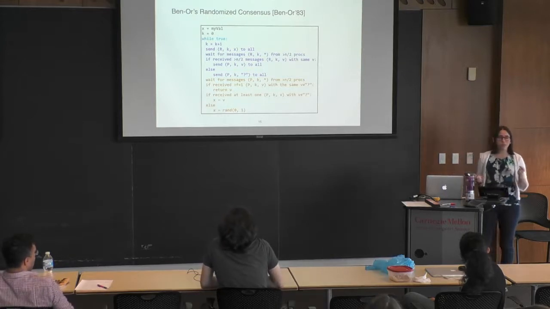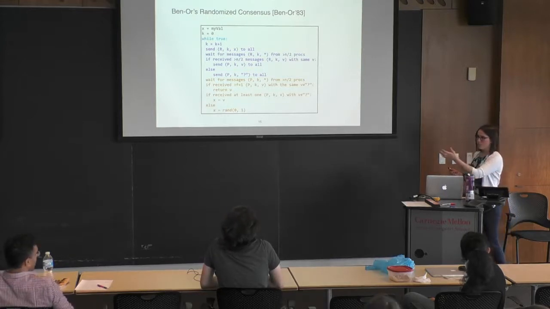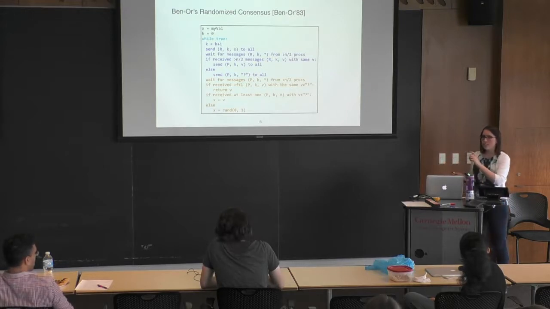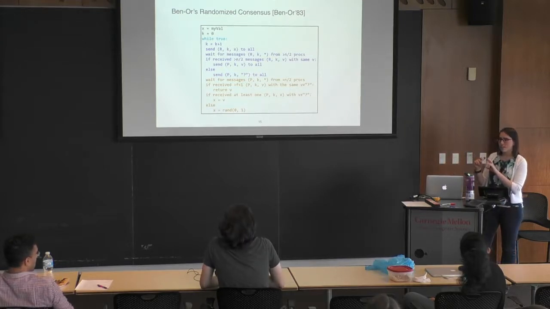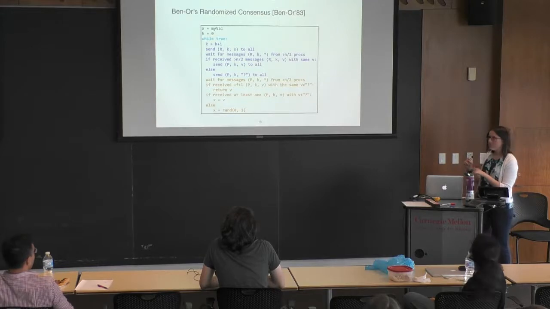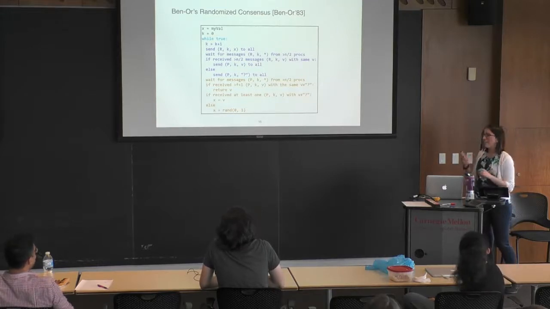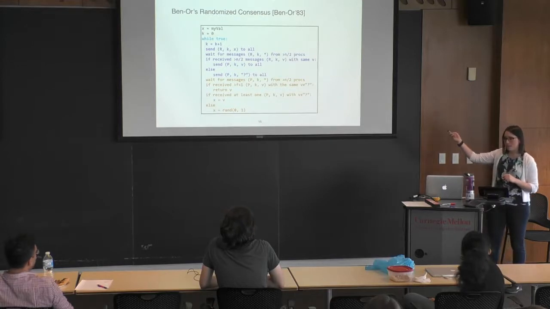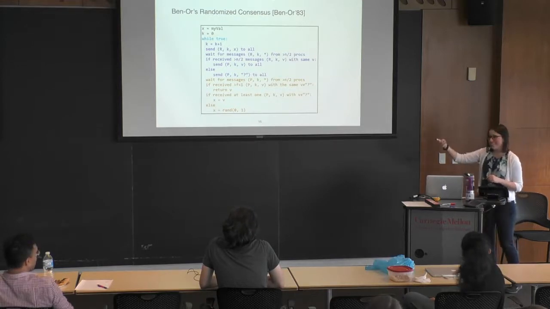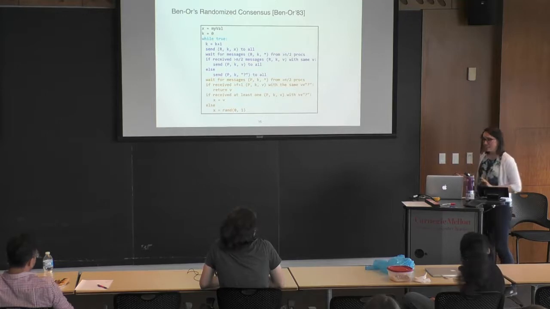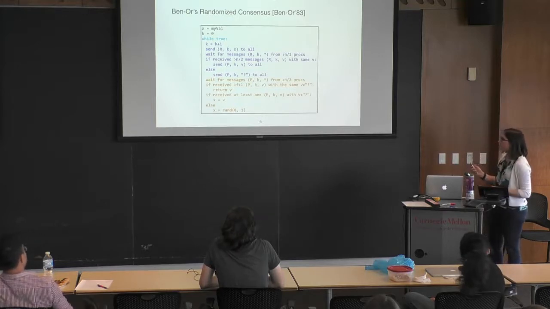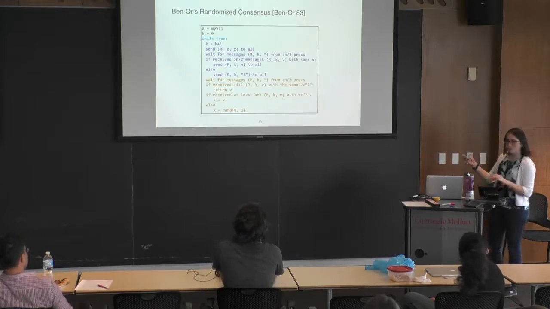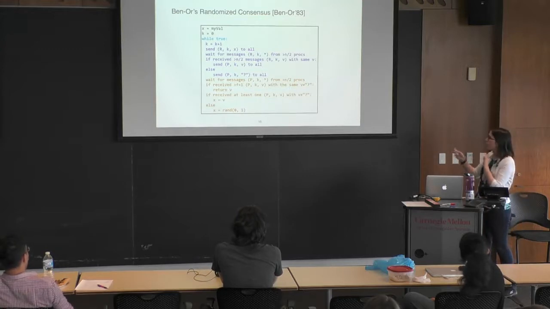Now, I don't know if you remember on my very early slides, I had the impossibility result listed as coming out in '85. Actually, it came out in '83, and in the same year, Ben-Or came up with this algorithm, and the journal version of the impossibility was in '85. So here we're going to be using randomization, but we'll see where that is.